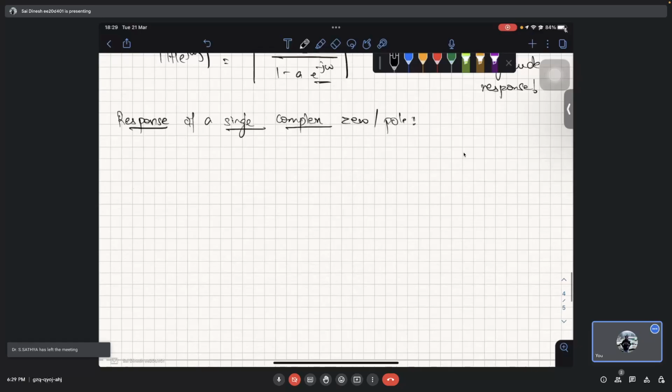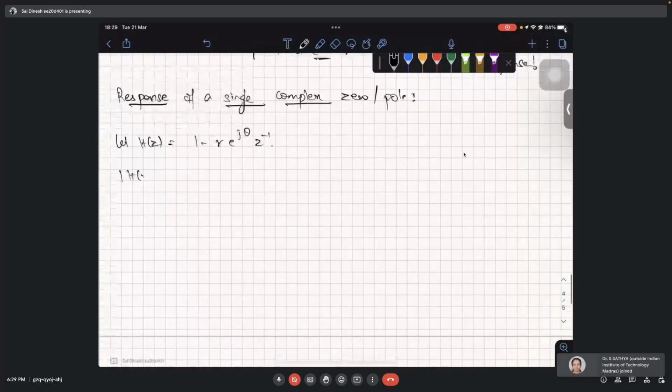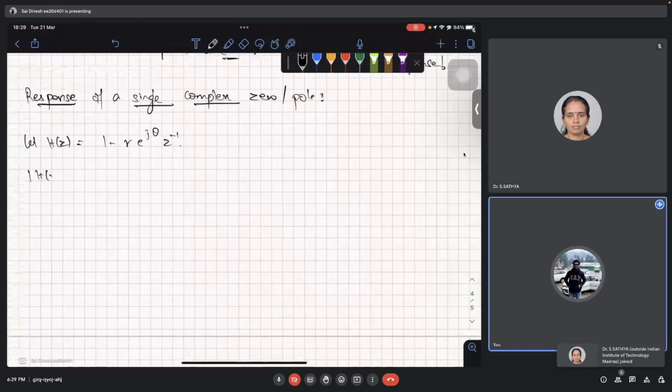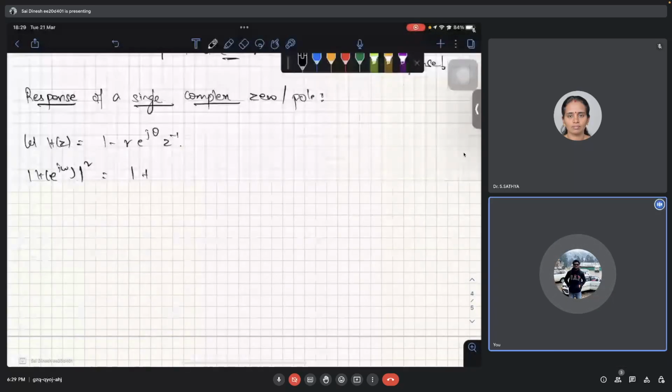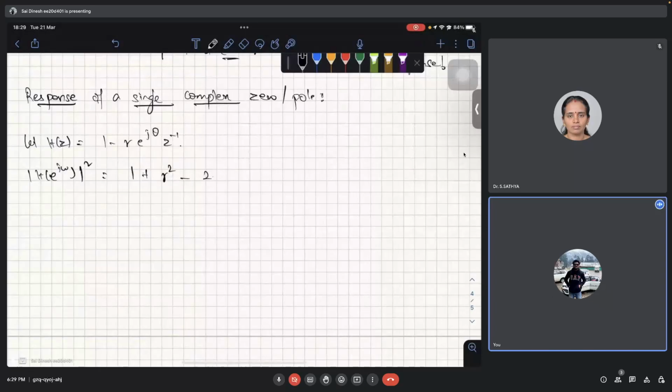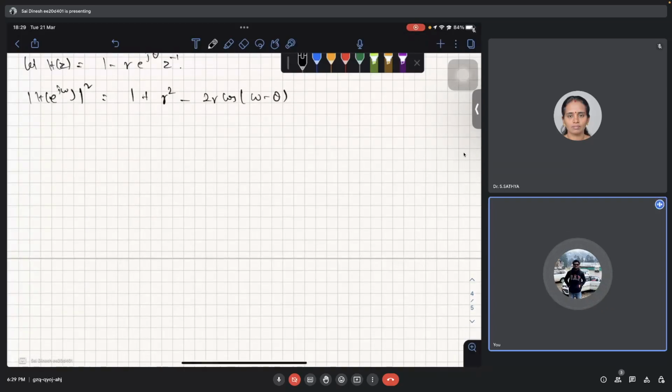So let H of z be equal to 1 minus r e^j theta z inverse, right? So the magnitude of H e^j omega whole square is, if you solve this, 1 plus r square minus 2r cos of omega minus theta, right?